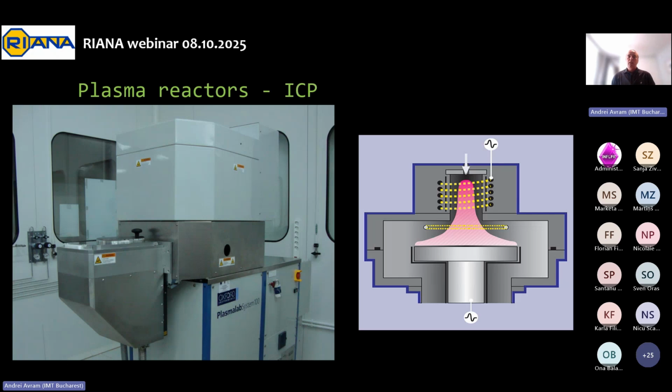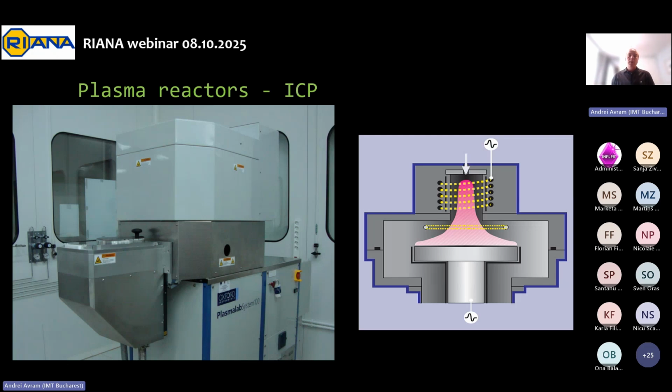So this gives us a huge advantage, because in the CCP case, depending on the RF power that we apply to the electrode, we also influence the bias of the electrode. But depending on the type of gas we have inside, we need more power to ignite them. So it is directly, the DC bias is directly related to the gas inside the reactor.